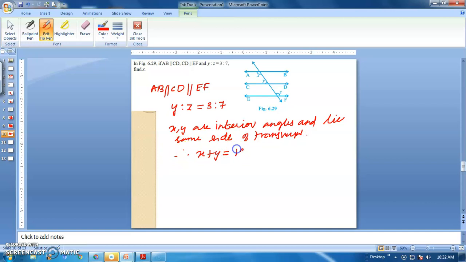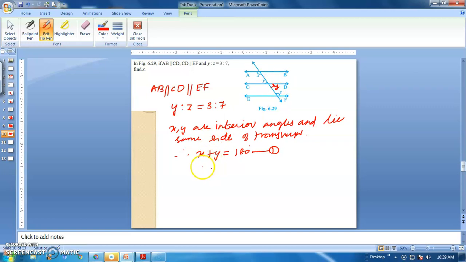According to the formula, x plus y equal to 180 degrees. We already found that. Let us take this as equation number 1. Next, if it is y here, it is also y definitely, because vertically opposite angles.